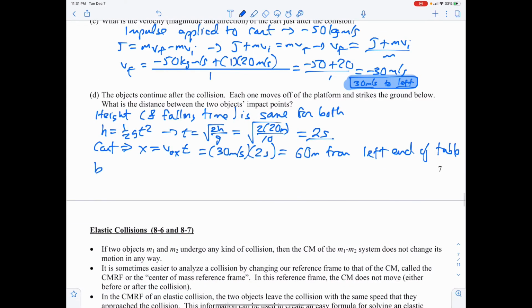Okay, now the ball, we use the same equation, x is equal to v naught x t for a horizontal launch projectile. And the ball goes off at 10 meters per second, falls for the same 2 seconds, which means the ball is going to end up 20 meters from the right of the table.